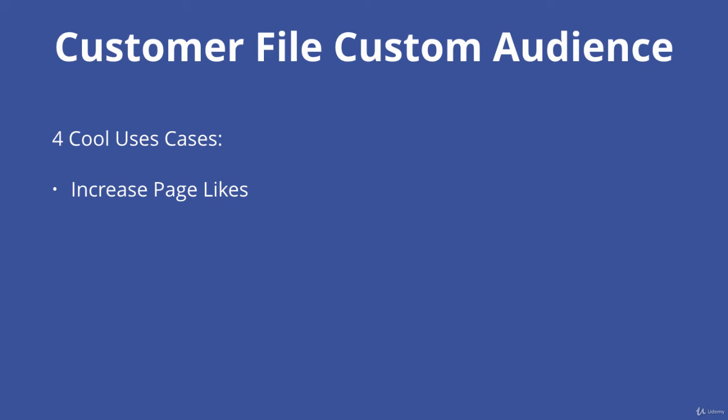So you probably have people on your email list or on your customer file who have not liked your Facebook page. You can use this new audience to run a campaign with that objective, and you can really exclude people on that same campaign who have already liked your Facebook page who are on the list. So you're really targeting just people who haven't liked the Facebook page, and that's going to give you a huge boost in page likes.